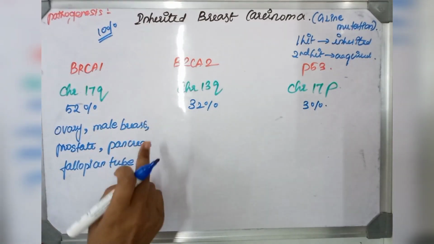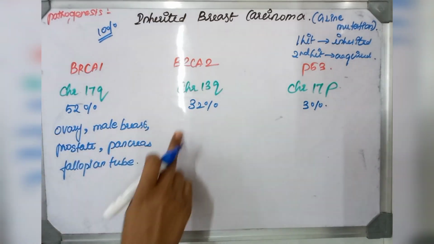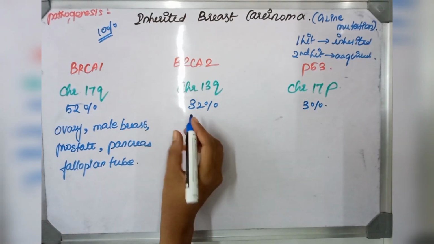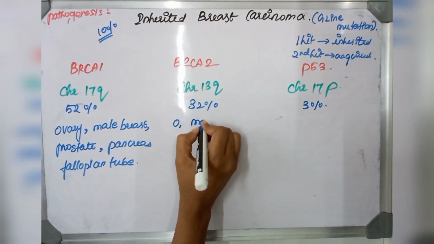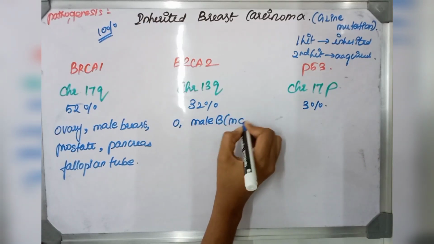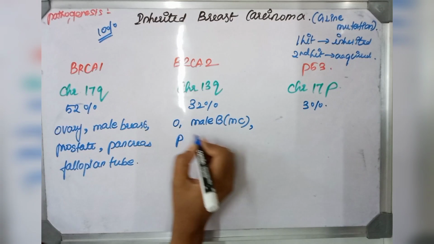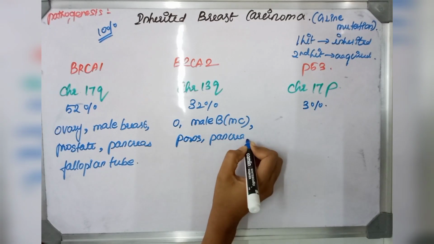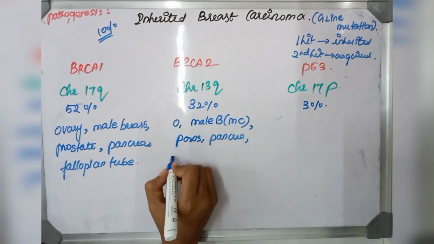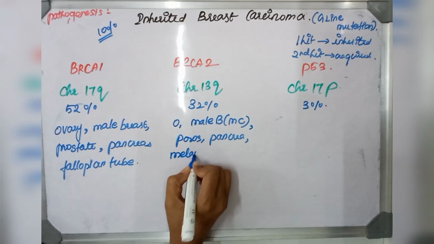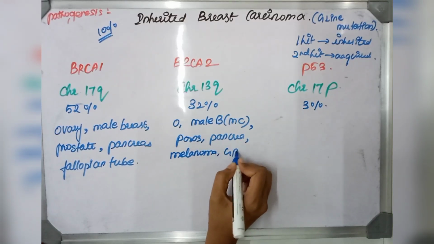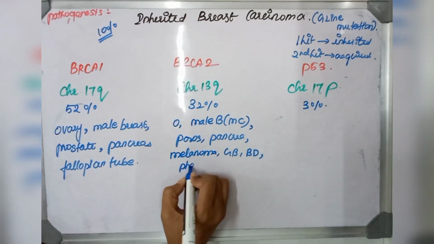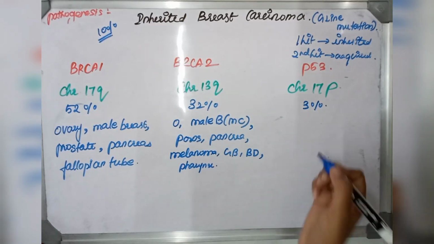Here, the same four: ovary, male breast, prostate, pancreas are going to be present again here, but male breast is more common in BRCA2 mutations only. So ovary, male breast is most common here, and prostate, pancreas, and other structures here are melanoma, and gallbladder, and bile duct, then pharynx are going to occur here.